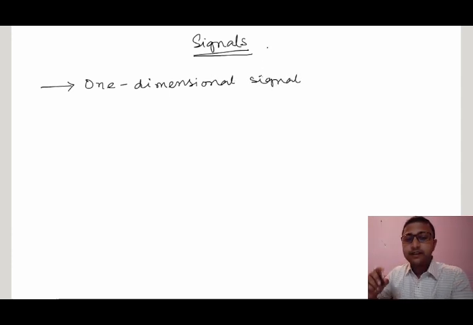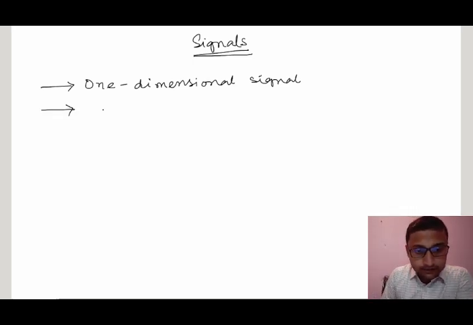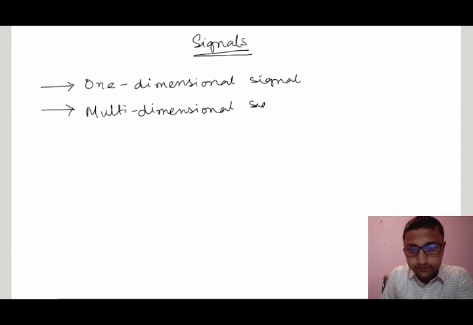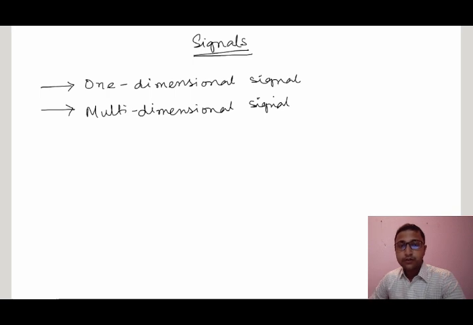And if a signal depends on two or more variables, then it is called a multi-dimensional signal. So these are the two basic classifications: one dimensional signal and multi-dimensional signal.